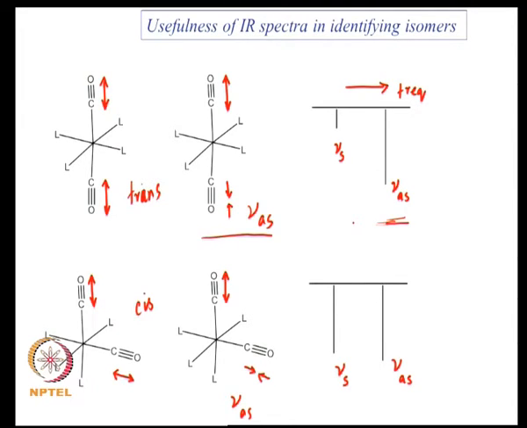On the other hand, if you have a cis complex, then you tend to have a strong band for the symmetric stretch and a strong band for the asymmetric stretch.